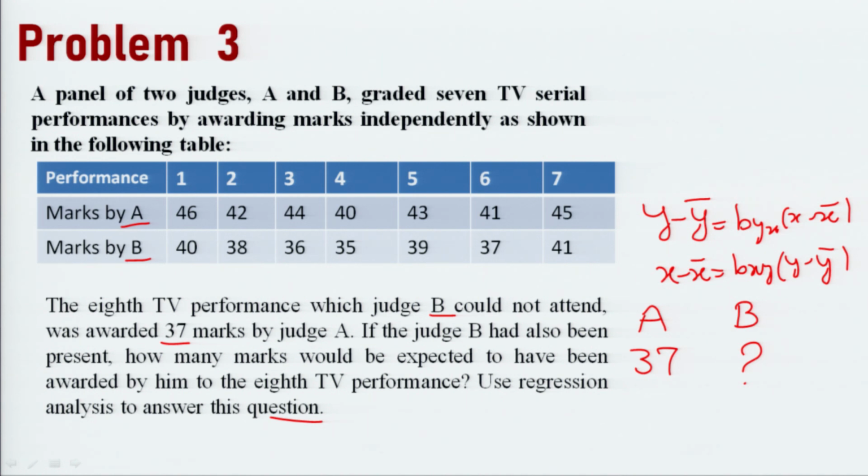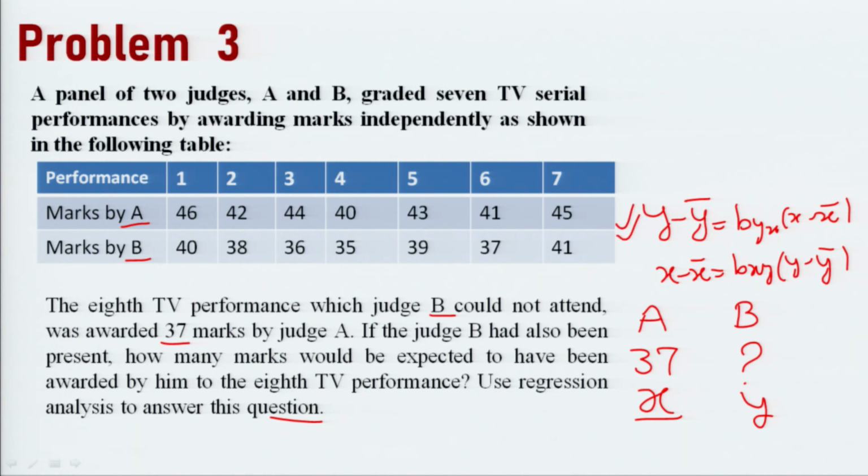For this, if we assume A is x, we may find a value of y. Here x is independent, y is dependent, so we use this equation.